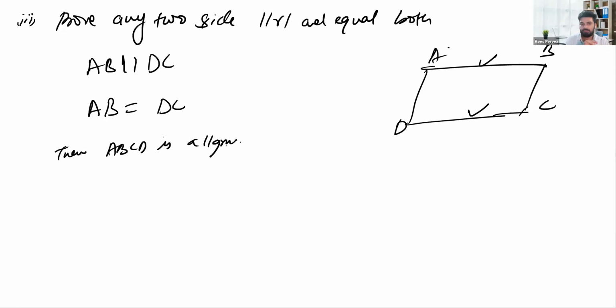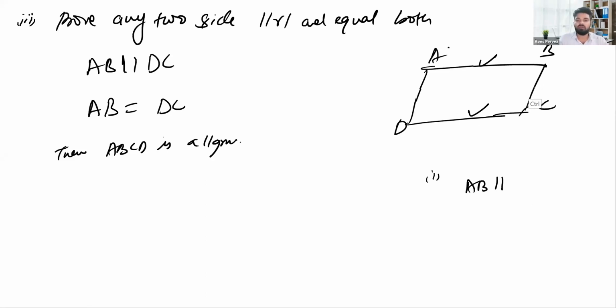Understood? So if you have proved, I'm just going to explain the basics of the quadrilateral. First case, either prove AB parallel to DC and AD parallel to BC, this side parallel to this side and this side parallel to this side.